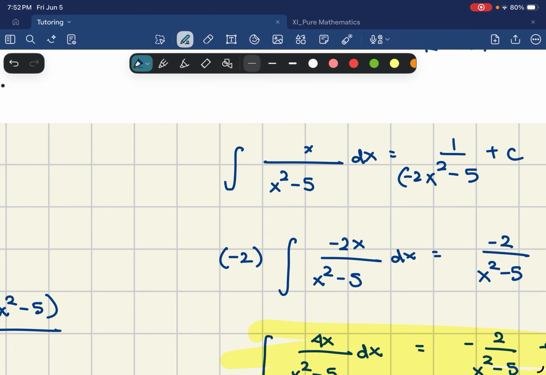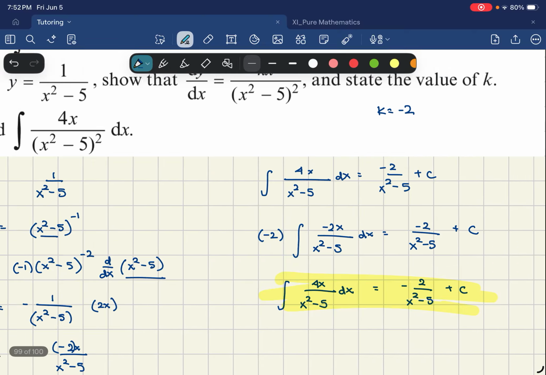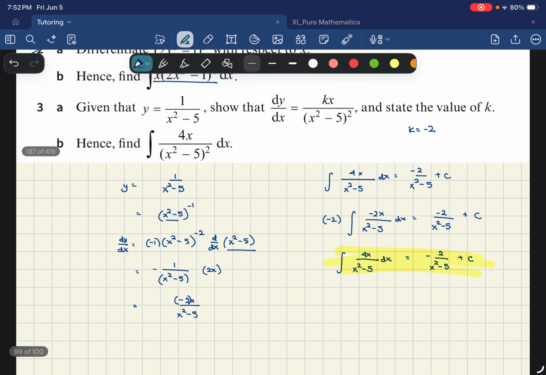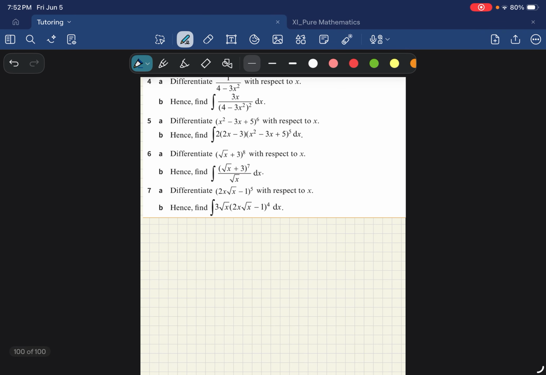So you get negative 2 in the denominator, multiplying this whole thing. And now because you want to find for 4x, you have to multiply by 4. And 4 divided by negative 2, that is still going to give you negative 2. So that is another way to do the question. But whichever method you prefer. And we are done with question 3.